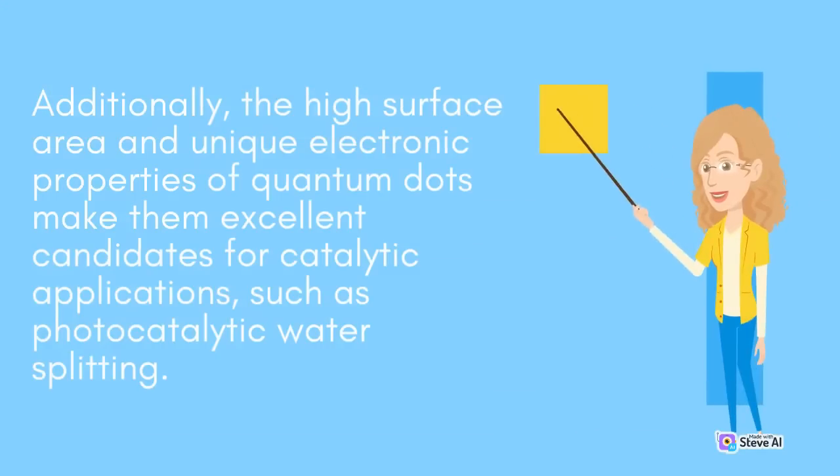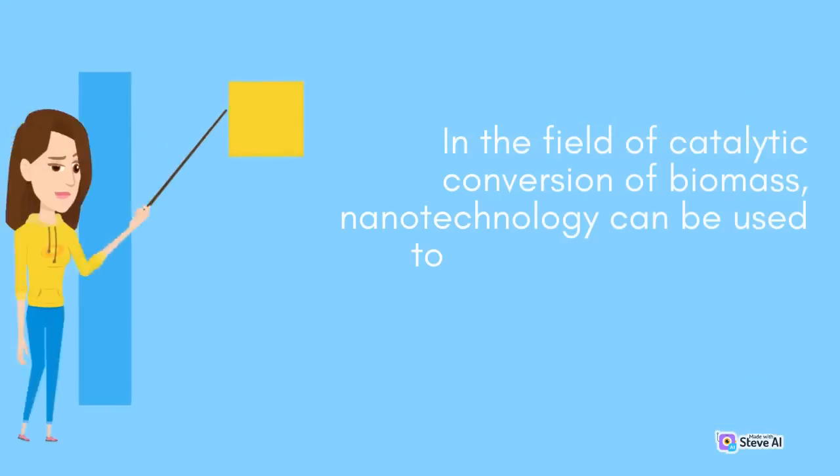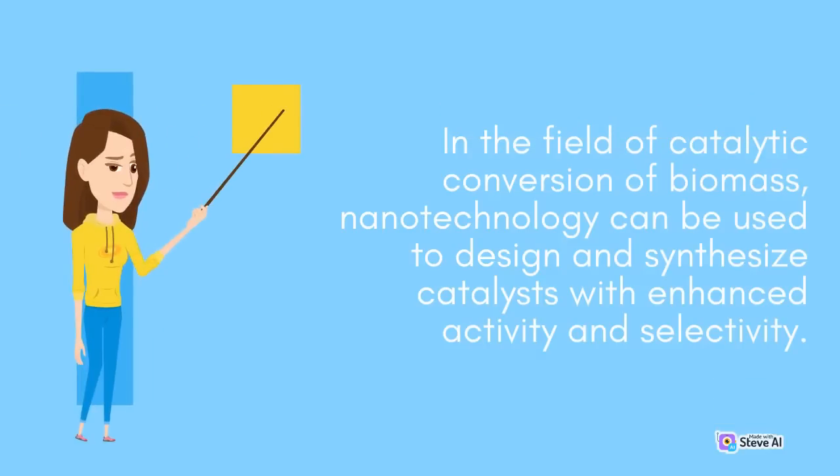Additionally, the high surface area and unique electronic properties of quantum dots make them excellent candidates for catalytic applications, such as photocatalytic water splitting. In the field of catalytic conversion of biomass, nanotechnology can be used to design and synthesize catalysts with enhanced activity and selectivity.